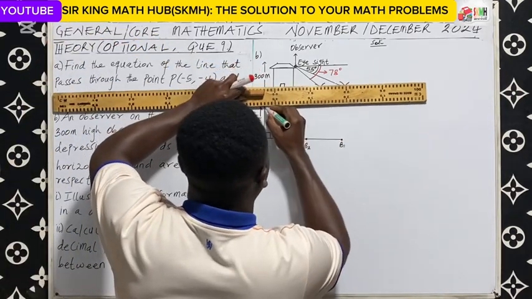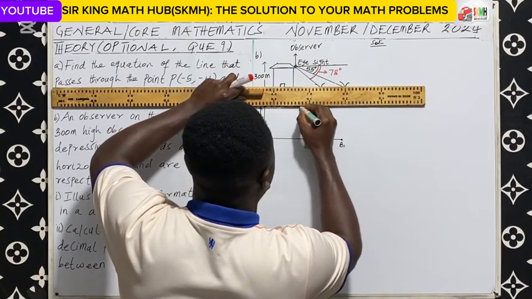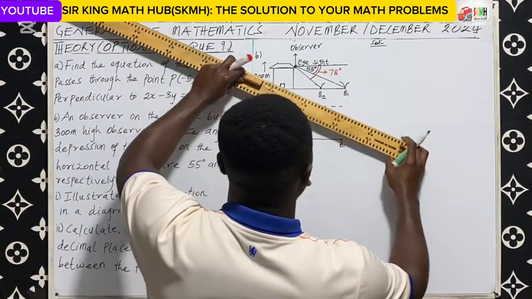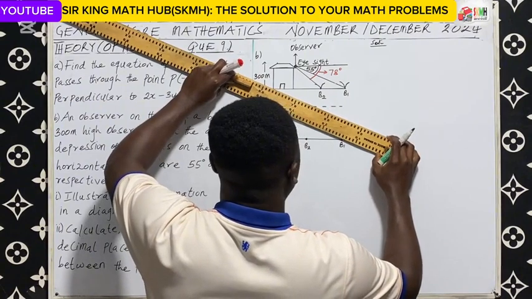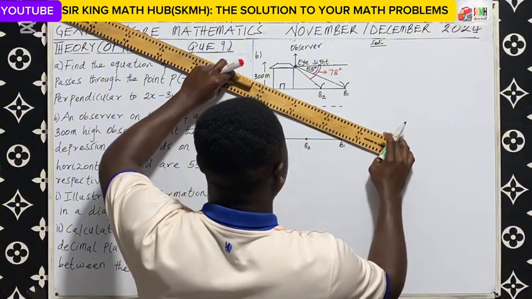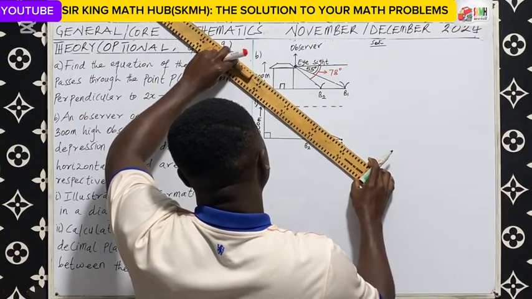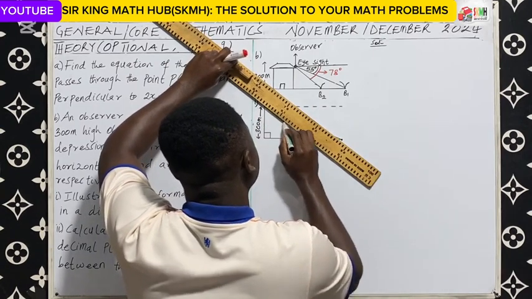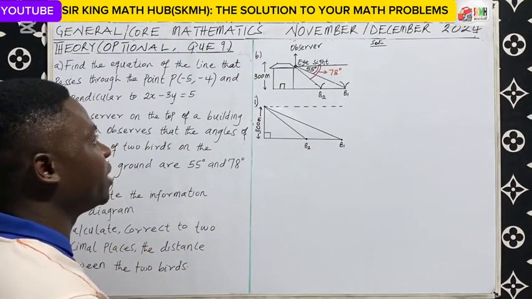And then we have the eyesight of the observer. Any angle below the eyesight is the angle of depression.